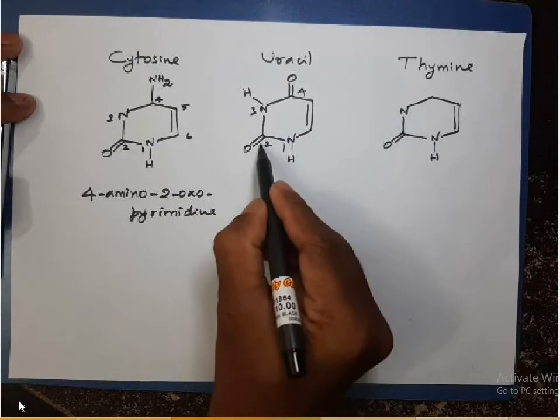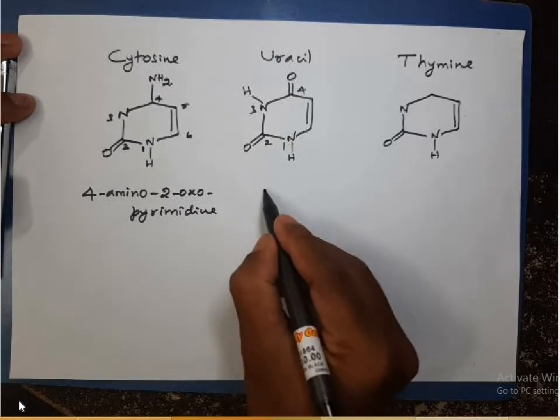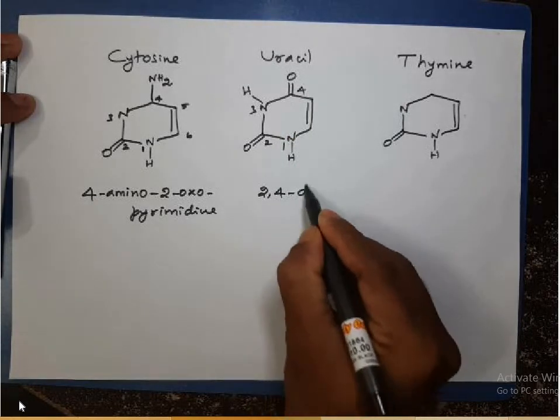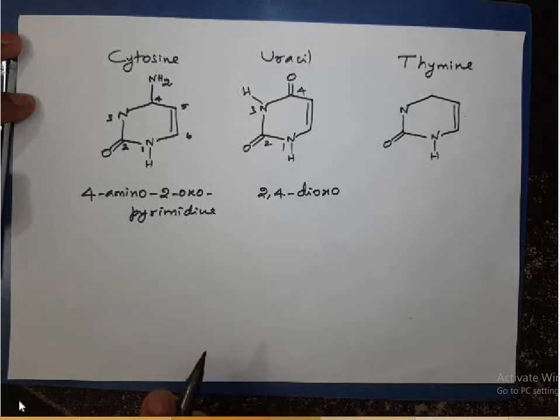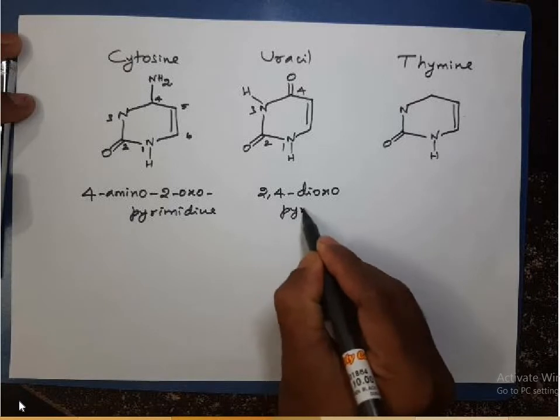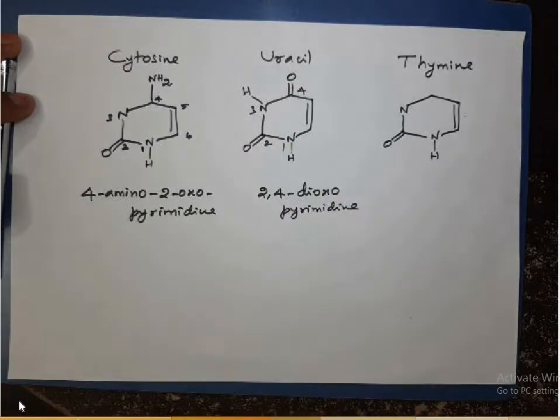In 2nd carbon we have an oxygen and in 4th carbon we have an oxygen. So it is called 2,4 dioxo. We have oxygen atoms at 2 positions. So 2,4 dioxopyrimidine is called uracil.